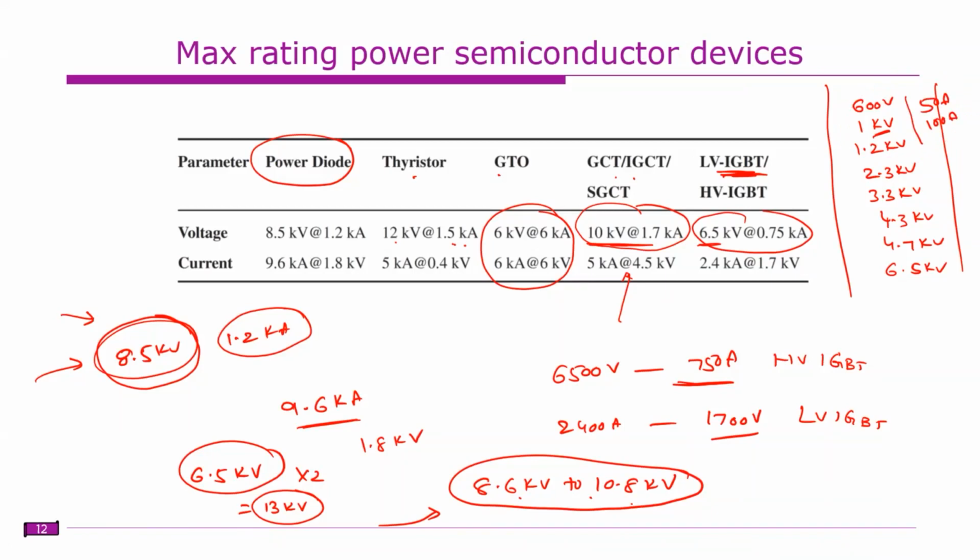Let us assume you select a 3.3 kV device. How many devices are roughly required? Three devices, which can block up to 9.9 kV.